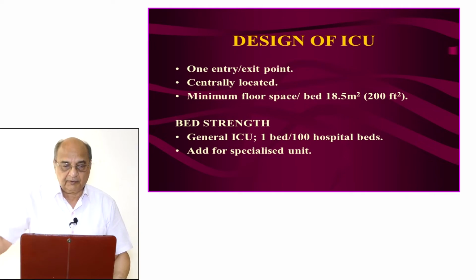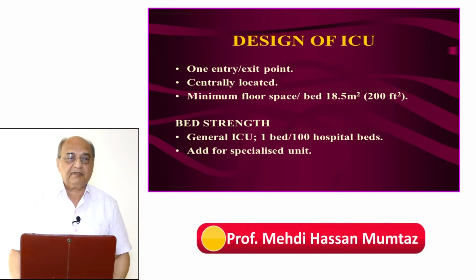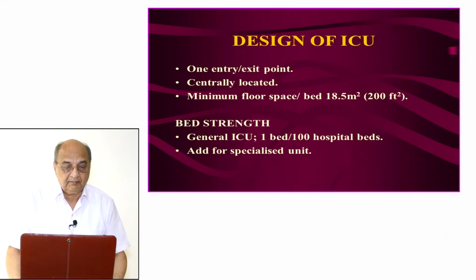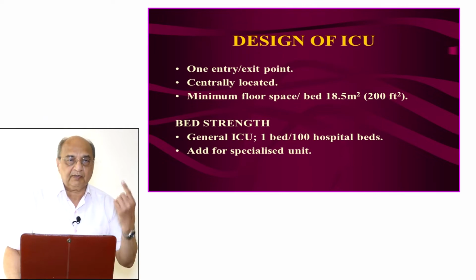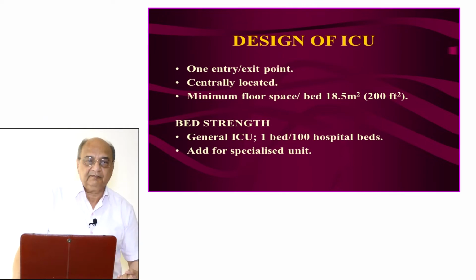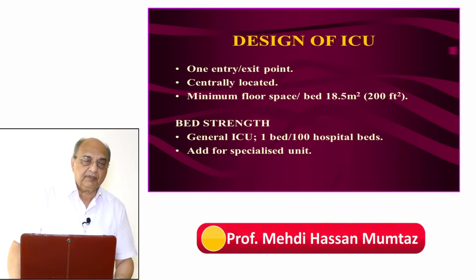The carer should be going around the patient and should have enough space around the bed. Now, the bed strength: in general, the principle is that for every 100 beds of a general hospital, we require one intensive care bed. And then there are specialized unit beds also.